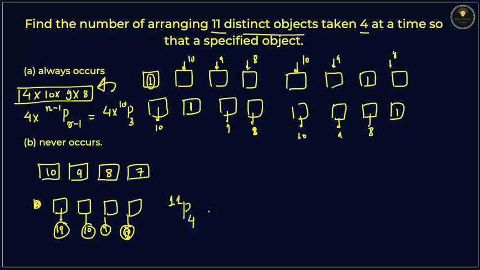And we can take the condition in which it is always occurring, so we will write 4 times 10P3. These are the two conditions that we are taking, and then we can subtract the values and you will get the case in which a specific object is not occurring.